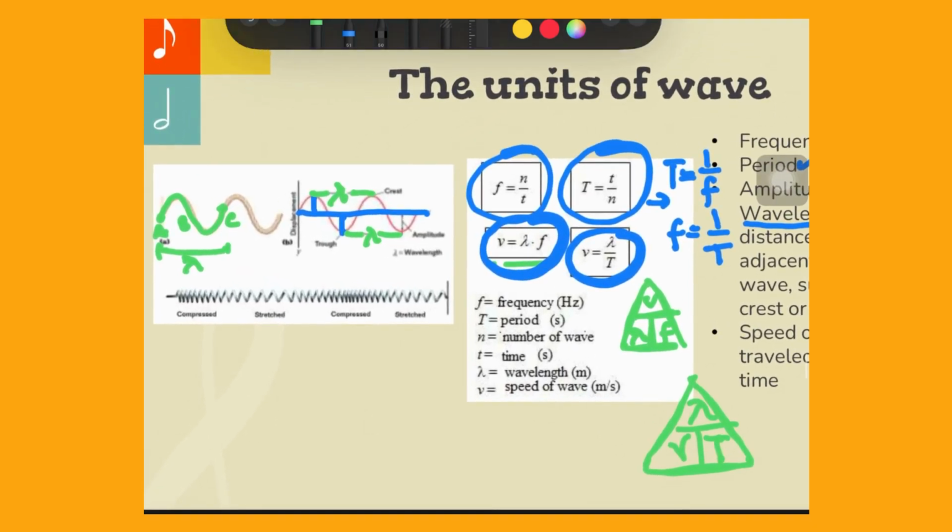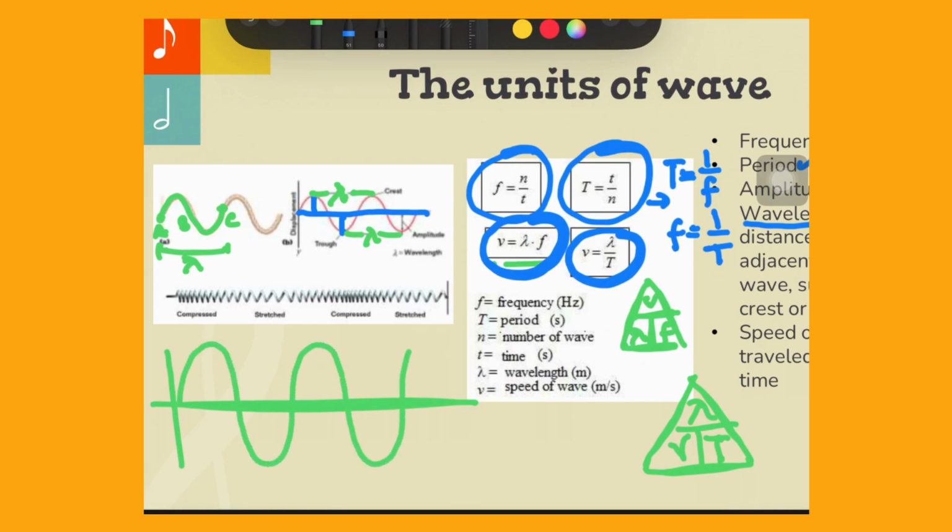Here, for example, one wave consists of one crest and one trough. So the distance from this one until this one is one wave.